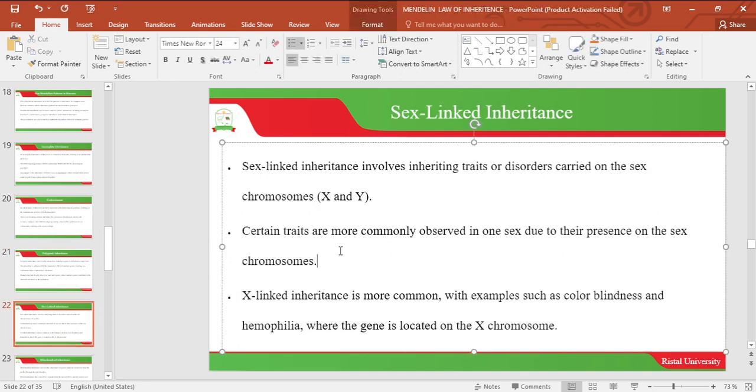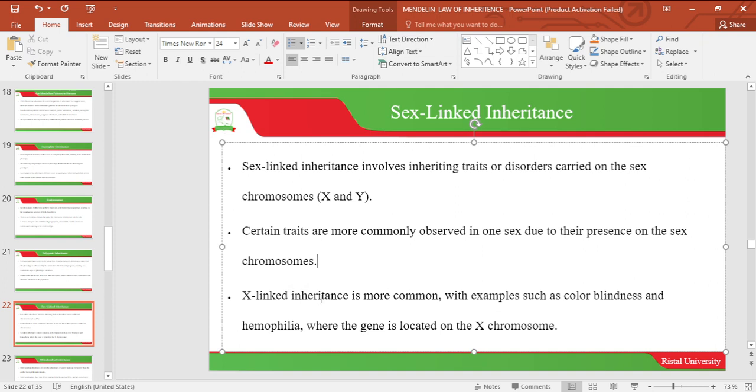Let's look at sex-linked inheritance. Sex-linked inheritance involves inheriting traits or disorders carried on the sex chromosomes, that is X and Y. Certain traits are more commonly observed in one sex due to their presence on the sex chromosomes.